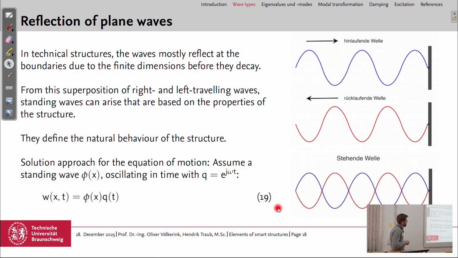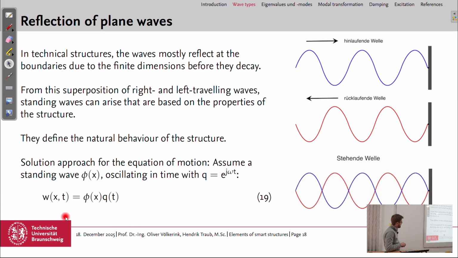And assuming these kinds of standing waves, we can use the separation ansatz and have a solution for the wave equation, so the deflection of the beam, in dependence of space and time, with this function for the standing wave, just describing the form of the wave, times the oscillation in time with this q(t) function.